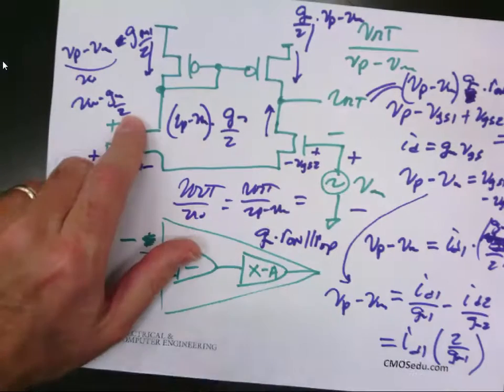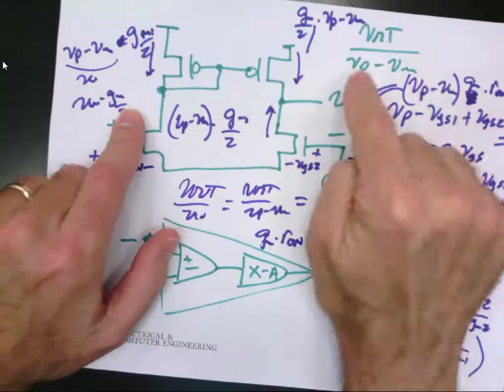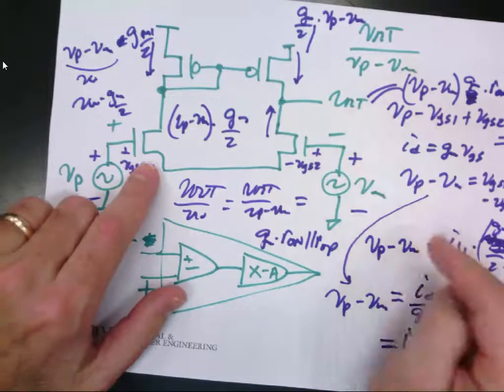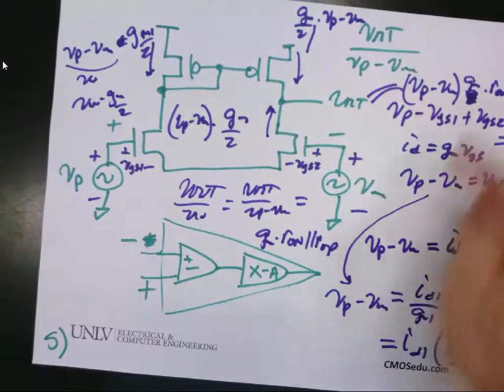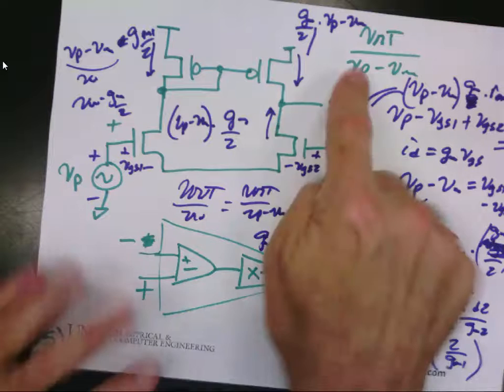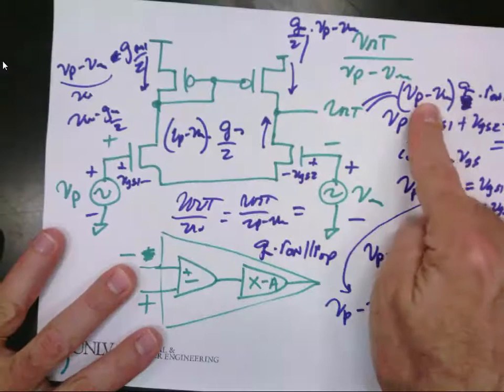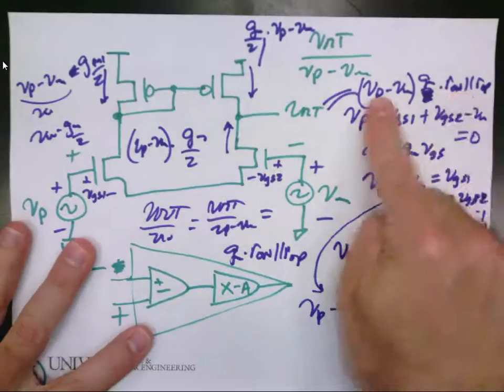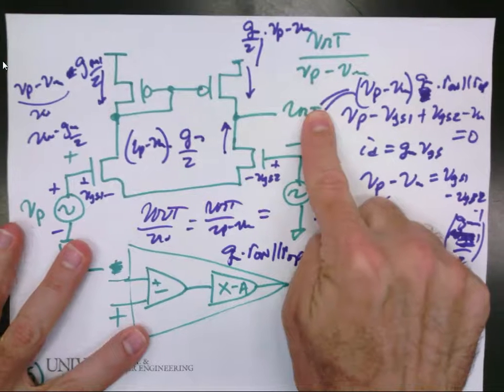But I want to explore that in more detail. Does everybody follow? If VP and VM are equal, then the gain ideally goes to 0, because the current goes to 0. Any questions? Well, wait, I'm dividing by 0. Pause. VP equal VM. This is 0, so V out equals 0.